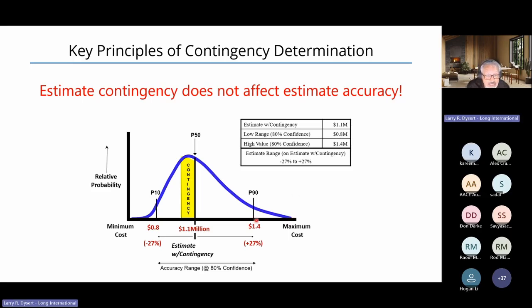If we can bring in the tails of the distribution, that affects estimate accuracy. But to do that, we typically need more project development, better pricing, changing some of our assumptions into knowns. So estimate contingency never affects estimate accuracy.